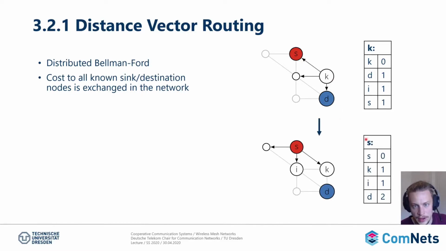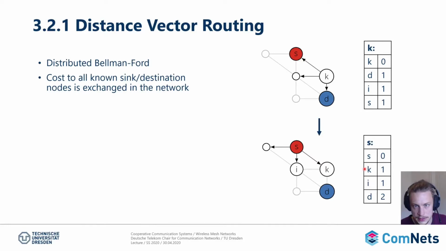When node S receives this information from K, it adds its own distance towards K to this information, and then it also incorporates its own neighborhood and the previous knowledge from other nodes. For S, the distance to itself is obviously 0.